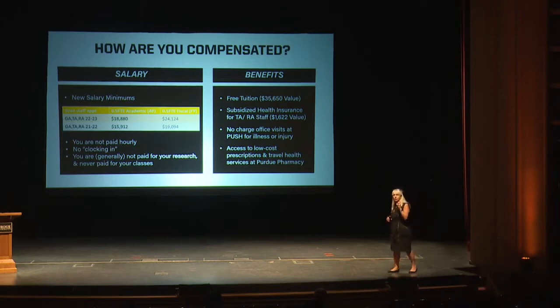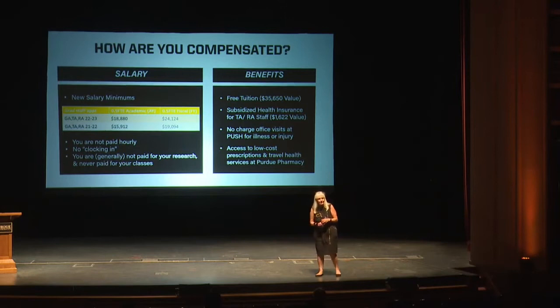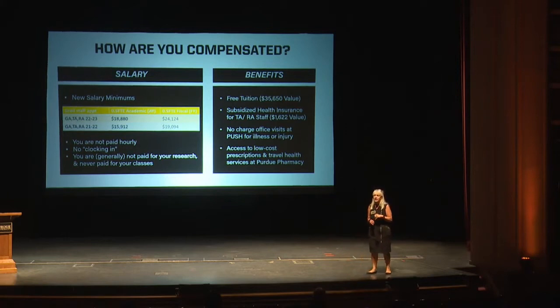So when you are a TA, that's most likely coming from what we would call general funds, university-supported funds that are charged to a university account. And that's a little under $11,000, the fee remit rate, that your boss pays to the university to cover the tuition and many of those fees.